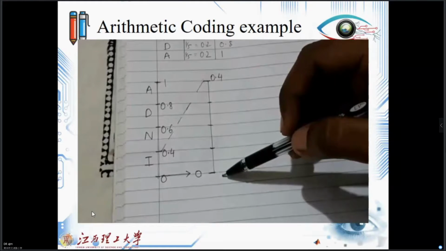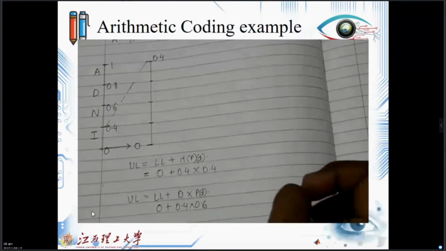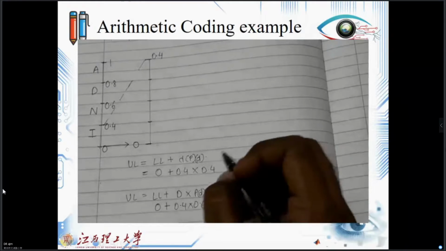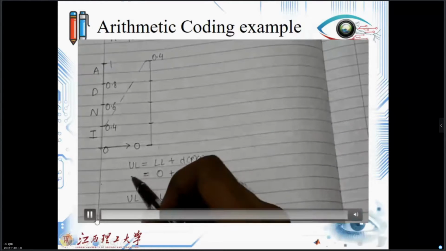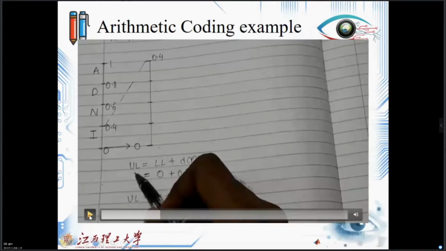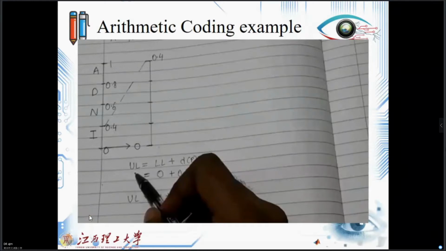And now we should calculate with the formula for UL. UL is the upper limit, which comes from the lower limit plus dp. Dp is the probability that we have.